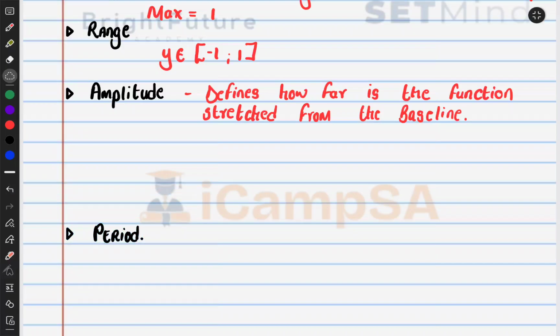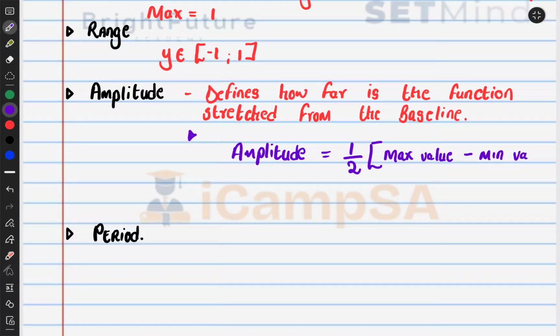So the defined formula for amplitude: amplitude is equal to 1/2 times (max value minus min value).